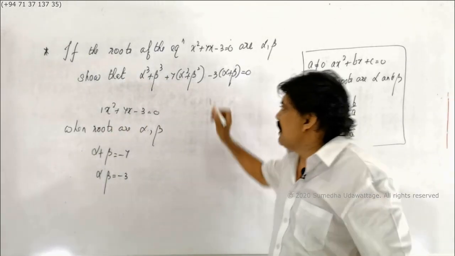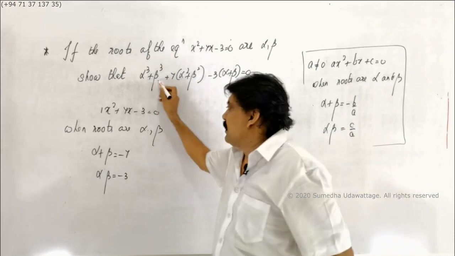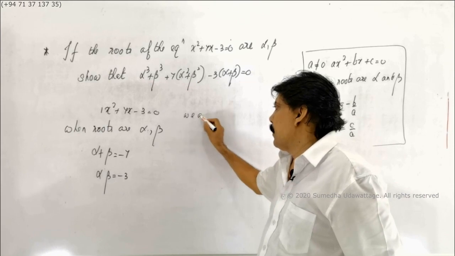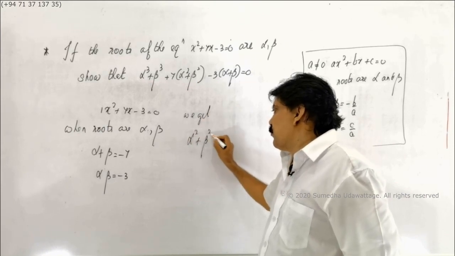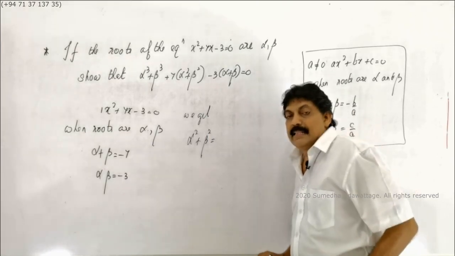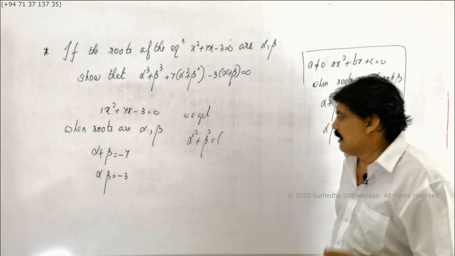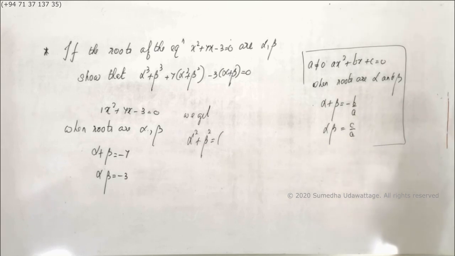Now, to handle the question, you need the values of alpha squared plus beta squared and alpha cubed plus beta cubed. We get alpha squared plus beta squared. From your knowledge from the early part of the video, can you remember what it is? Take a piece of paper and try to write it. Could you?